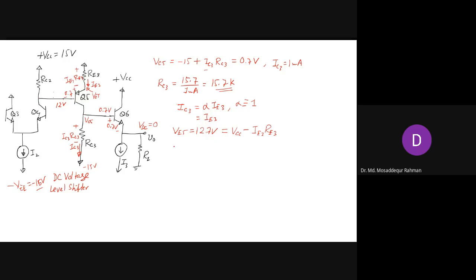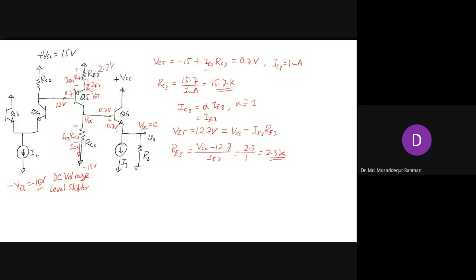So we can have an estimate for RE3: VCC minus 12.7 divided by IE3. If you take VCC as 15, you get 2.3 volt divided by 1 milliampere, which gives you 2.3 K. Right? So that is how you determine the different values.